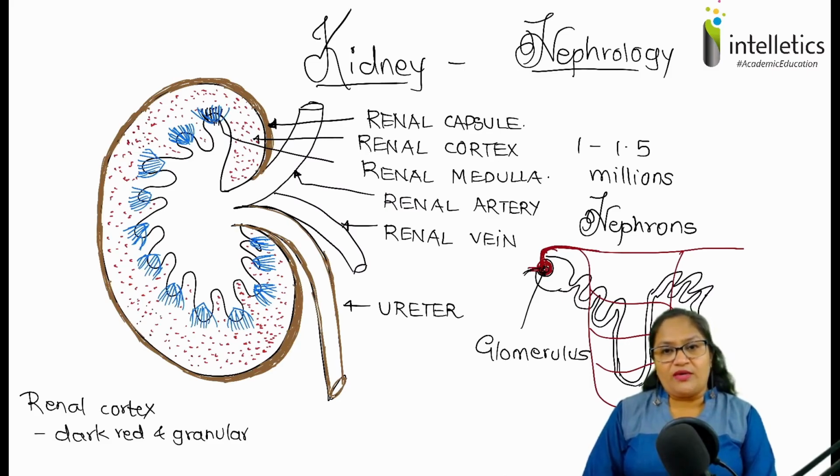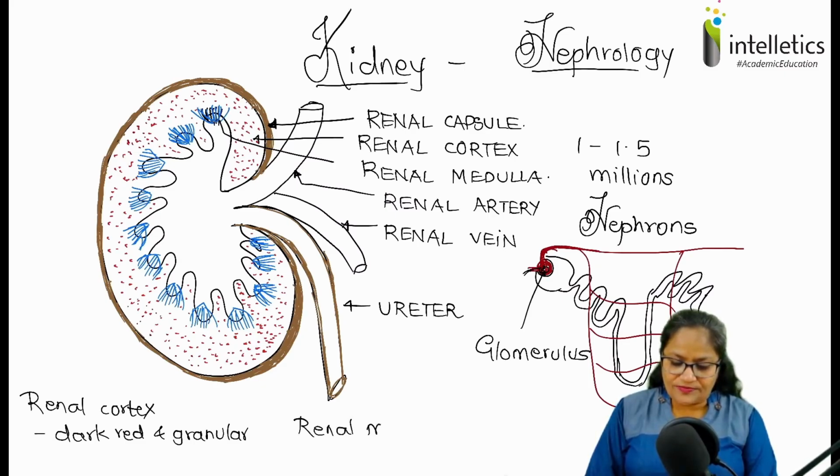This is the reason why I gave you a reference of the nephron. Of course, this doesn't complete the structure of the nephron. This is just an idea to get to know the nephron. Now the inner layer, this one, which I have labeled as the renal medulla. This renal medulla appears slightly lighter, not that dark.